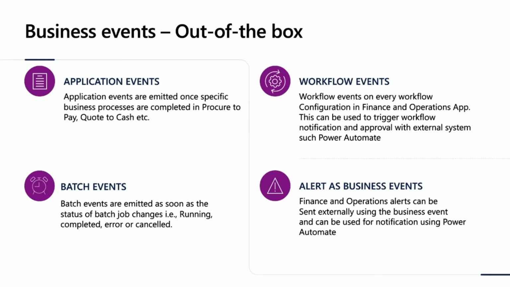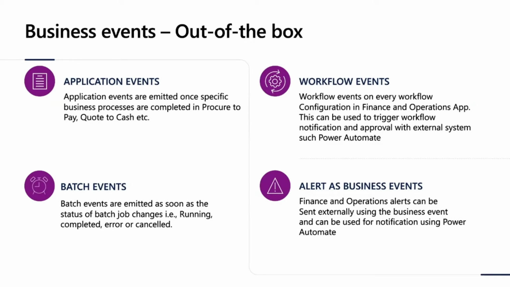You can capture the events emitted when these processes are happening within a system, or finance and operations in our case. Once these events are happening, you can capture them, and via an endpoint, you can build your integration around it.